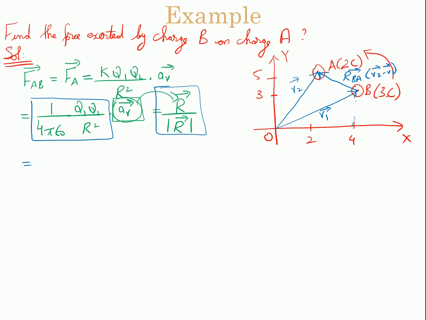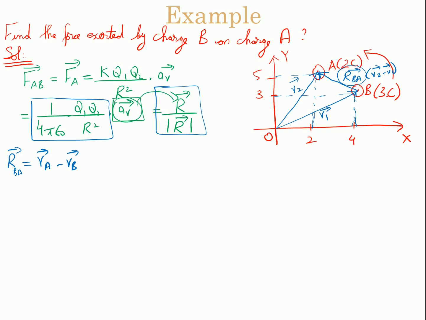Okay, so the points of contact are such. So this is how our points are in the matrix. So let us first find the value of r. This is basically r BA, the distance vector that we need to find between charges B and A. So this is going to be the difference of r of A minus r of B, the position vectors.